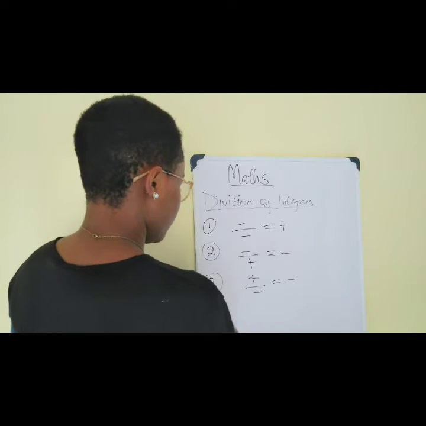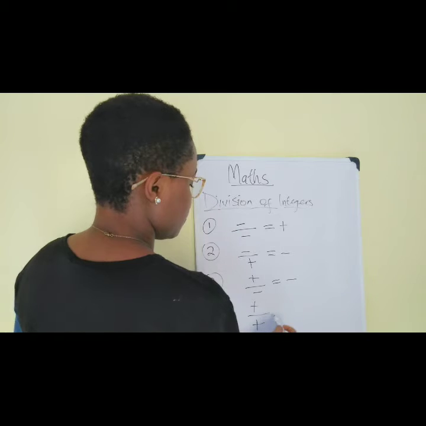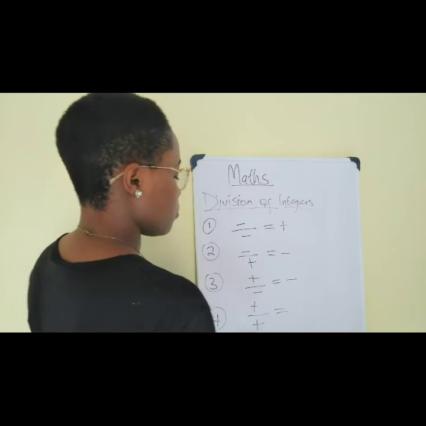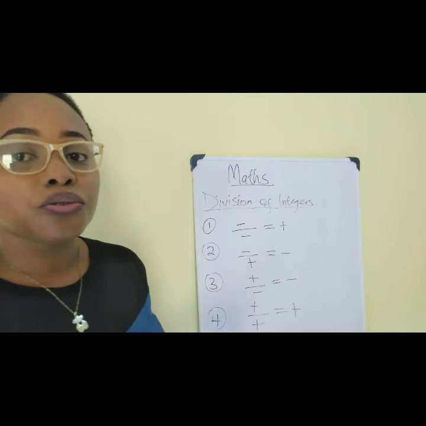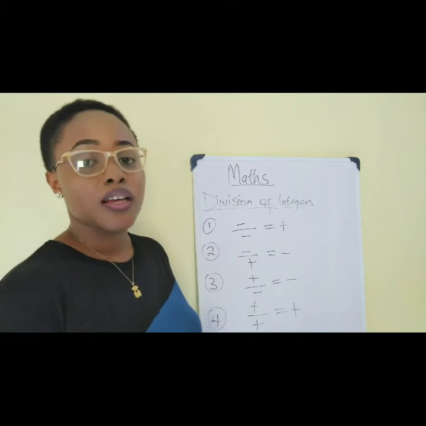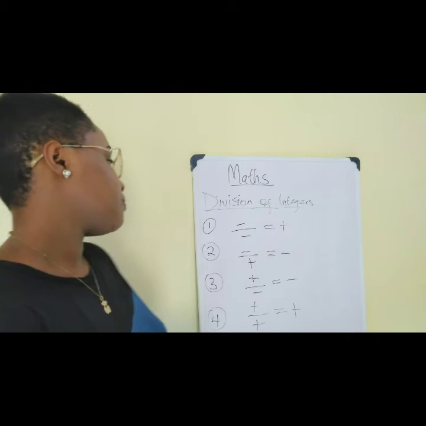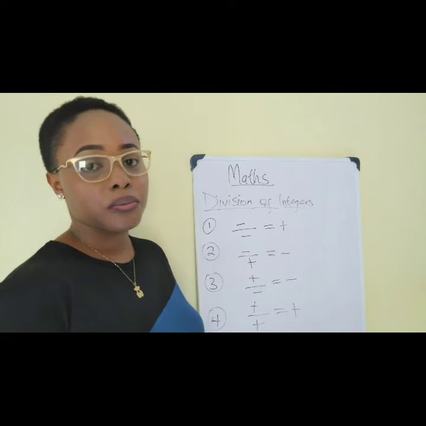And the fourth one, if a positive integer is divided by another positive integer, the outcome will be positive. So these are the rules that you should apply when dividing integers in order for you to get the correct results. Now, having said that, let's go on and solve some division problems.